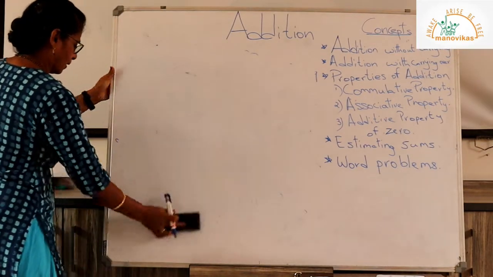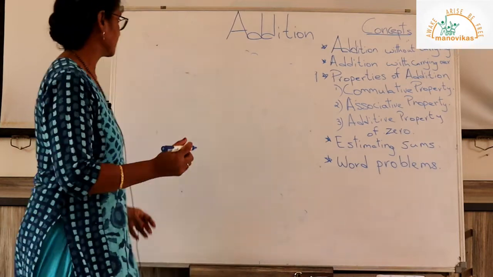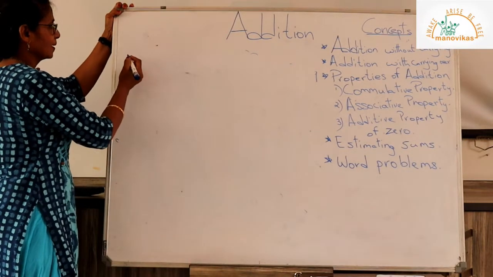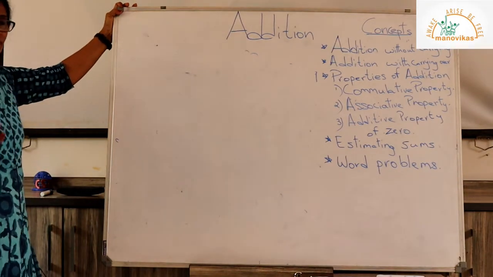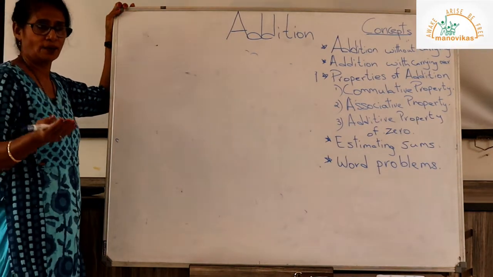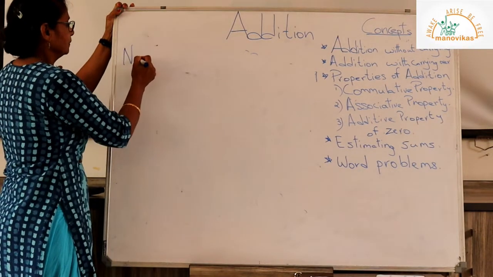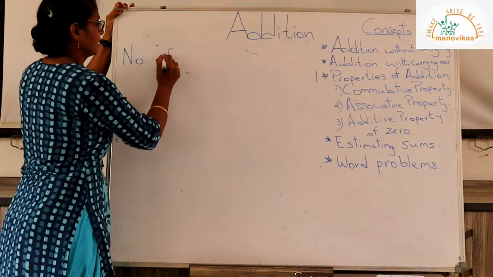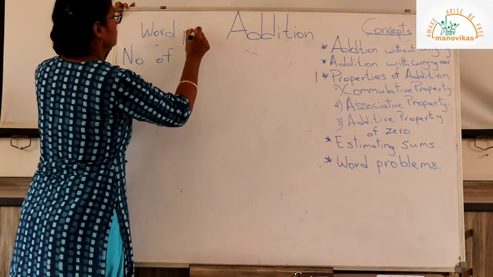Let us find out how many students are in 3rd standard. So, for example, say we have girls and boys, but we don't know the total amount. To find the total number, we'll see what is the number of girls. We are going to do word problems.